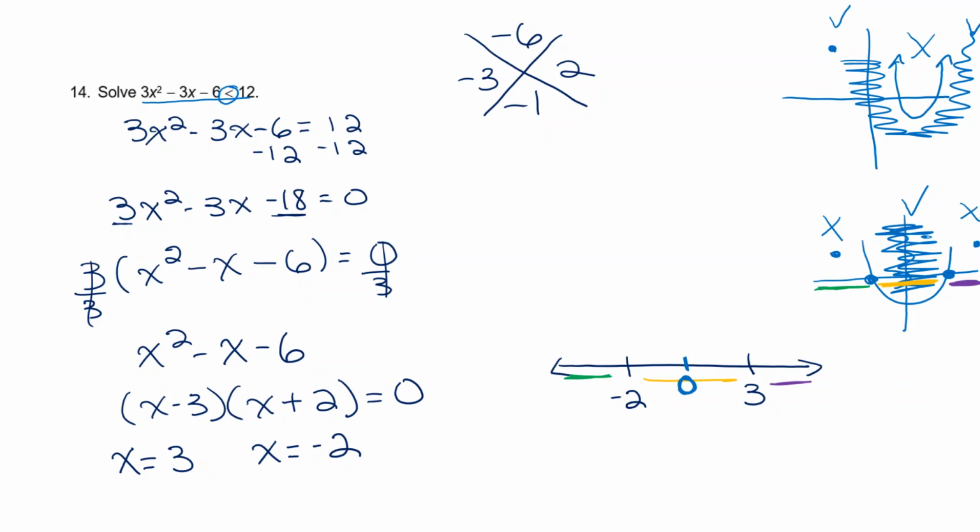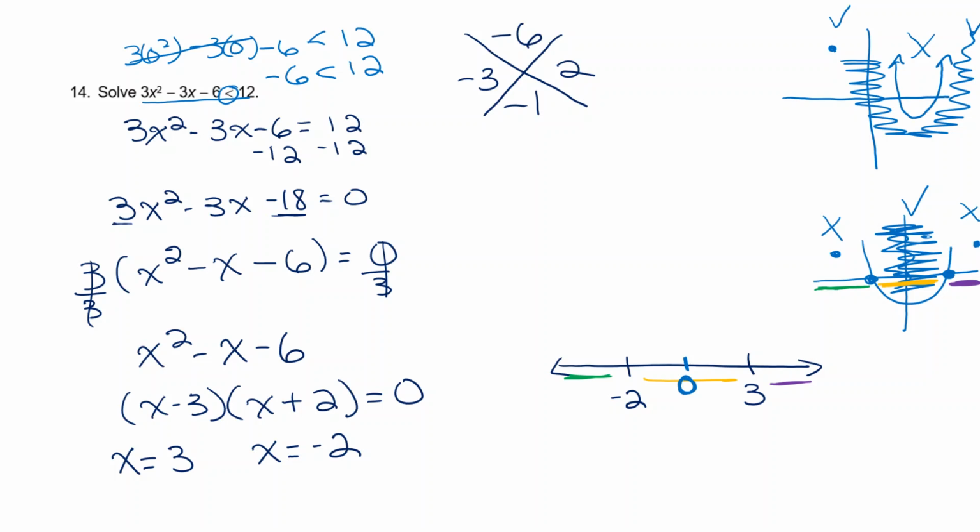test 0. So let's go back to our original equation up here, and say 3 times 0 squared minus 3 times 0 minus 6 is less than 12. So basically, these are zeros, so is negative 6 less than 12? Yes, it is.